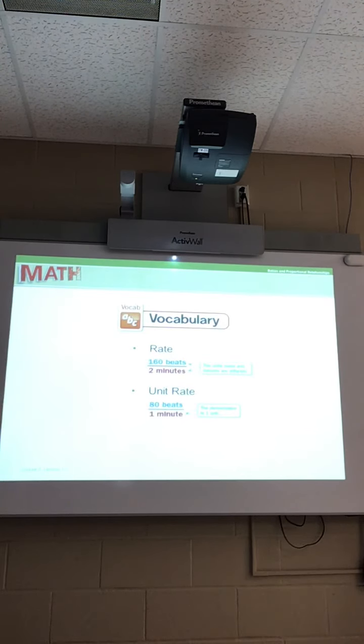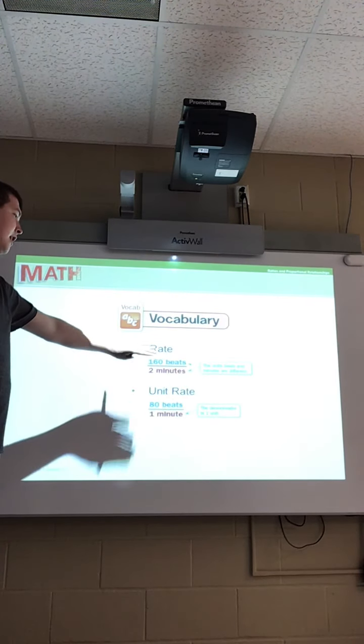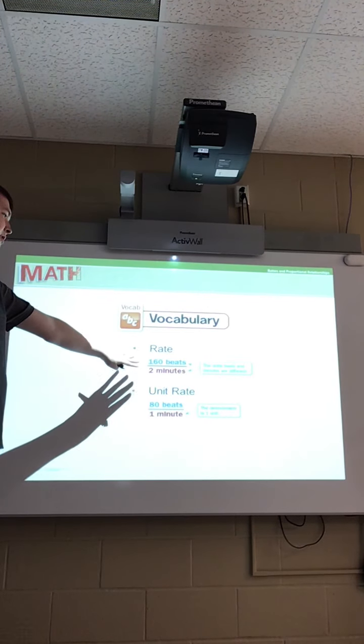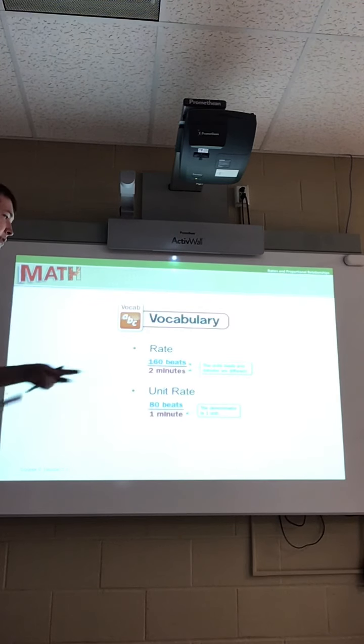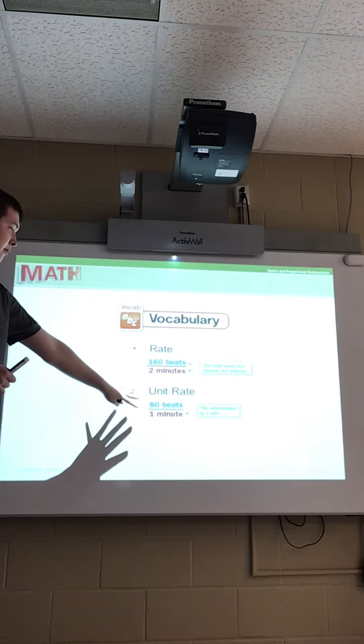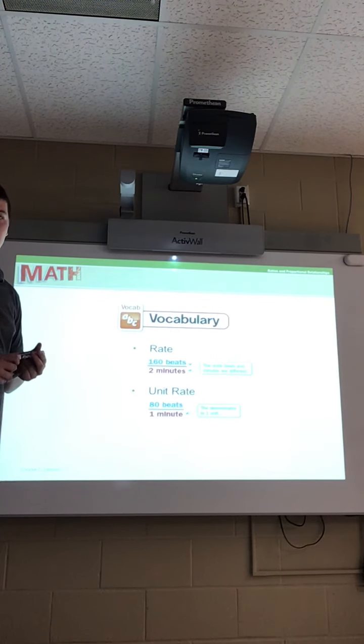So what'll happen is you write the vocab term, and then here's an example. The rate is just a fraction. In this case, it's the units of the beats and minutes. And the unit rate is the same thing, except the denominator is 1.